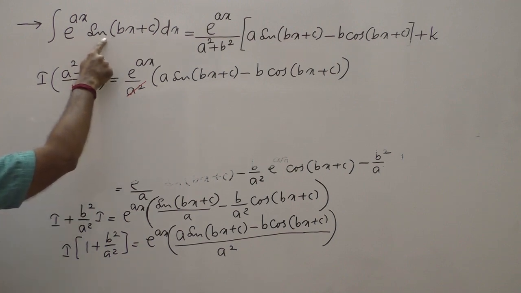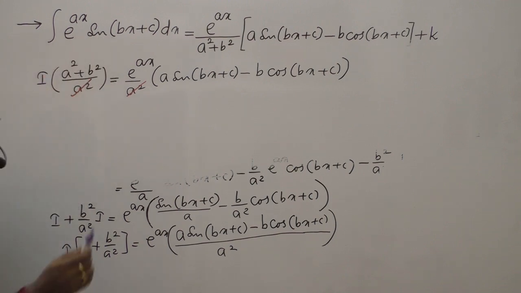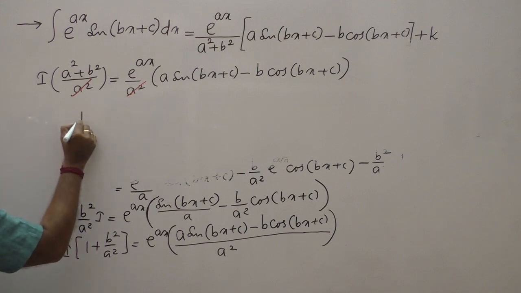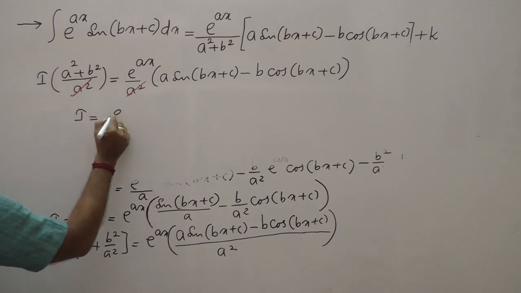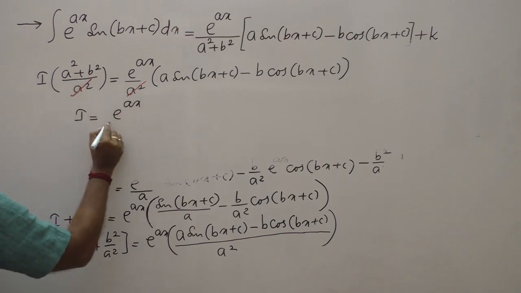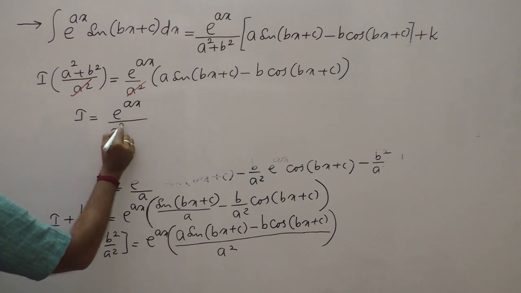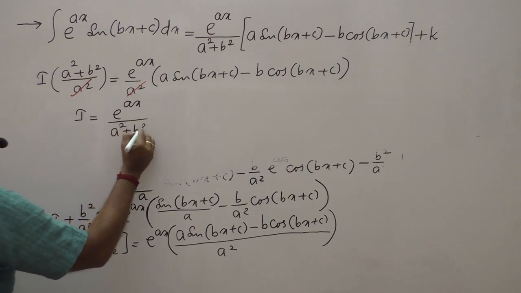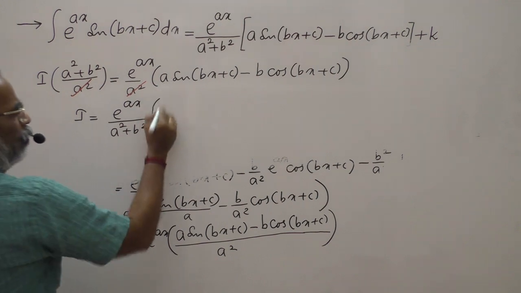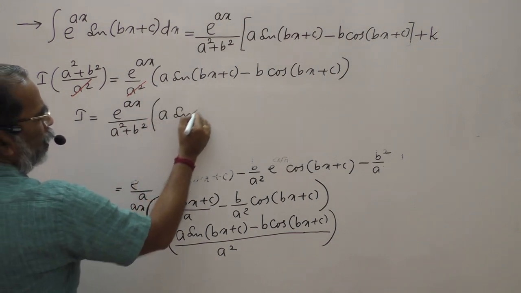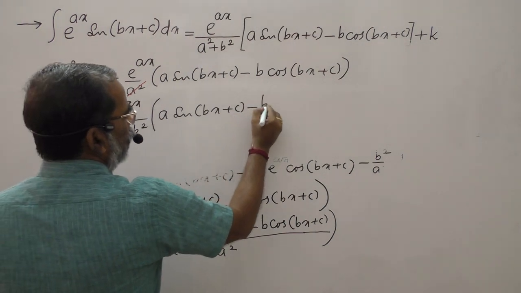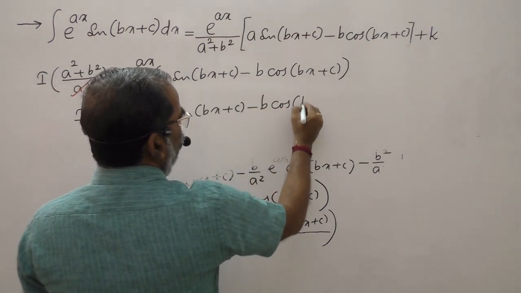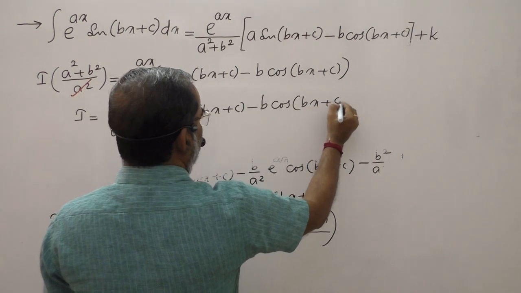We need this integral which I have denoted by I. That means I need only I. So if you want to find only I, you write this factor on the right side. That is e power ax divided by a square plus b square into a into sine of bx plus c minus b into cos of bx plus c.